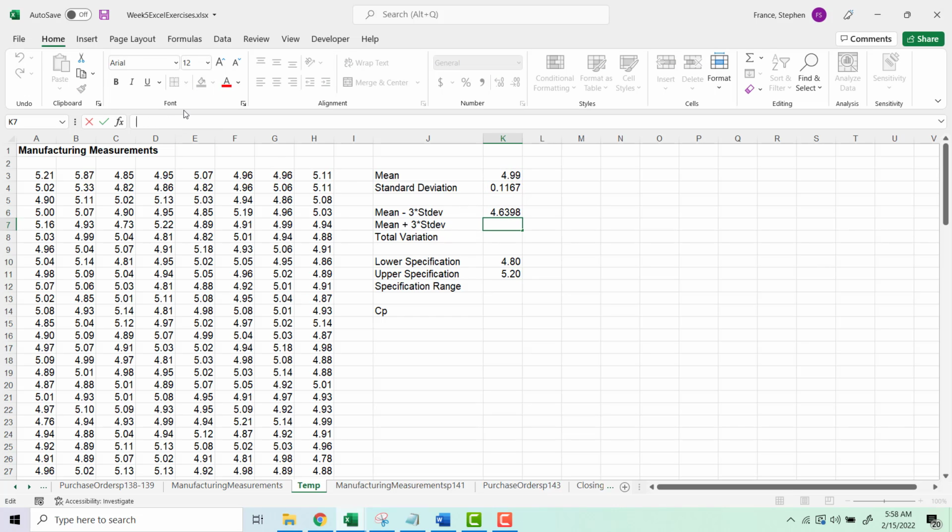And this is going to be the mean plus 3 times the standard deviation. And then the total amount of variation across the process is just going to be the difference between these values.